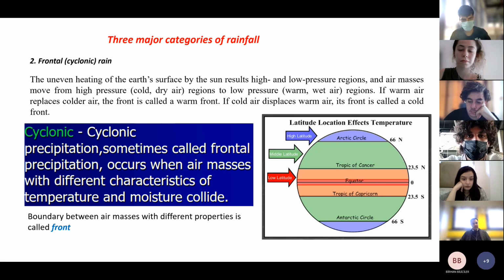You know, all the origin comes from the shape of the Earth.